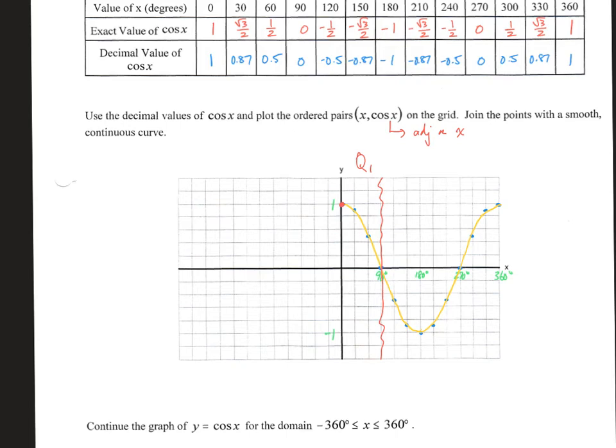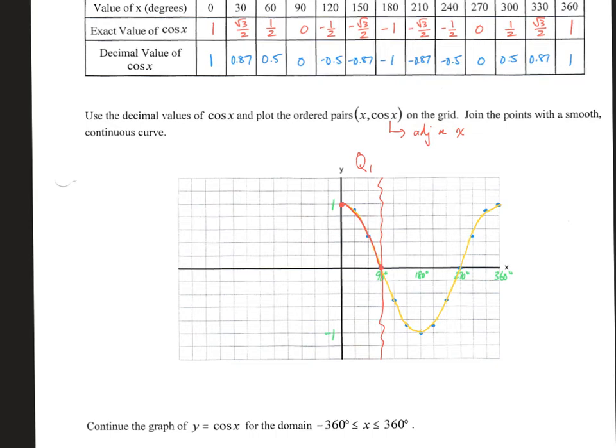Now as my terminal arm starts to rotate, my adjacent side starts to become shorter and shorter and shorter. I eventually get to having no adjacent side when my terminal arm is completely vertical. That happens at our 90 degrees.